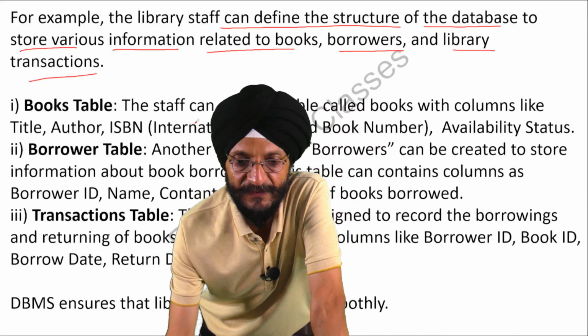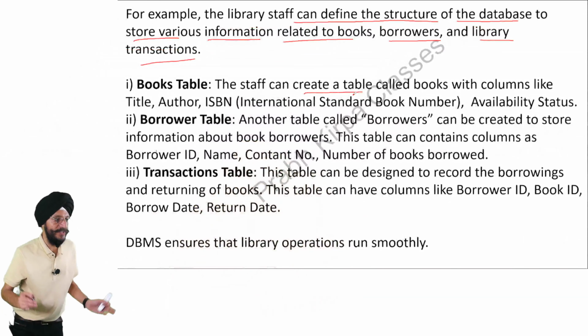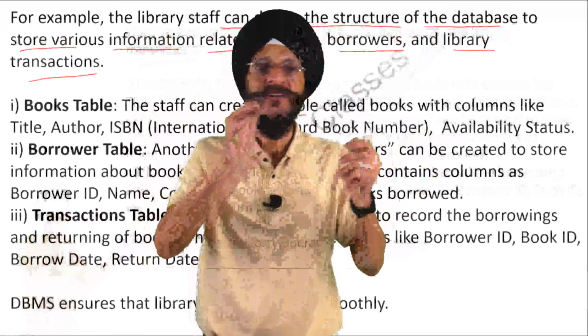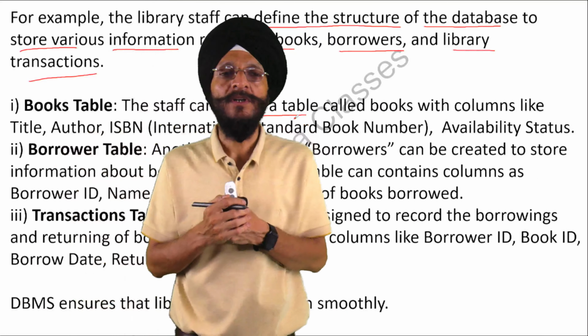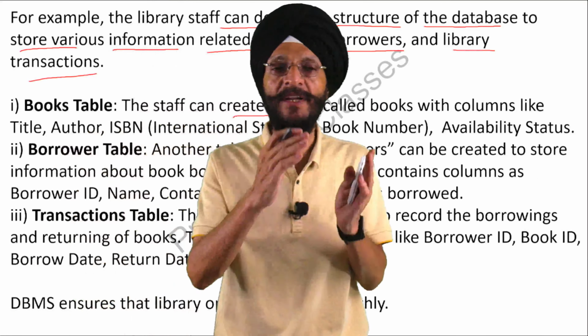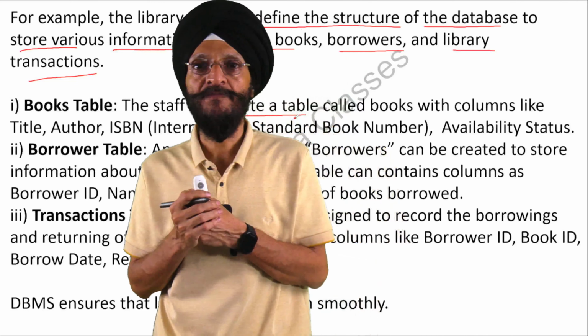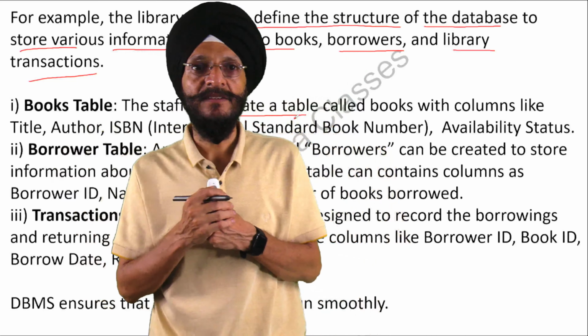The library staff can create a books table with various columns such as title of the book, author of the book, ISBN, which means International Standard Book Number, and availability status.